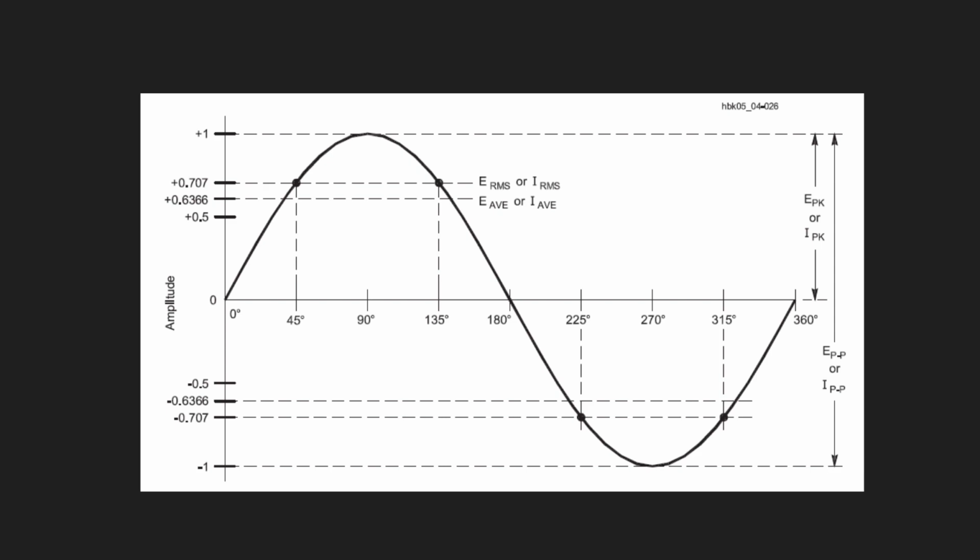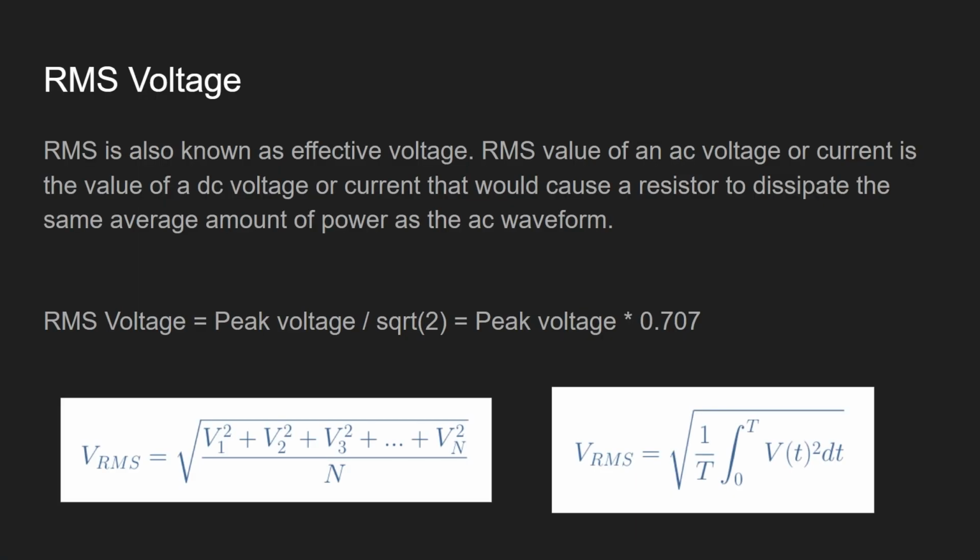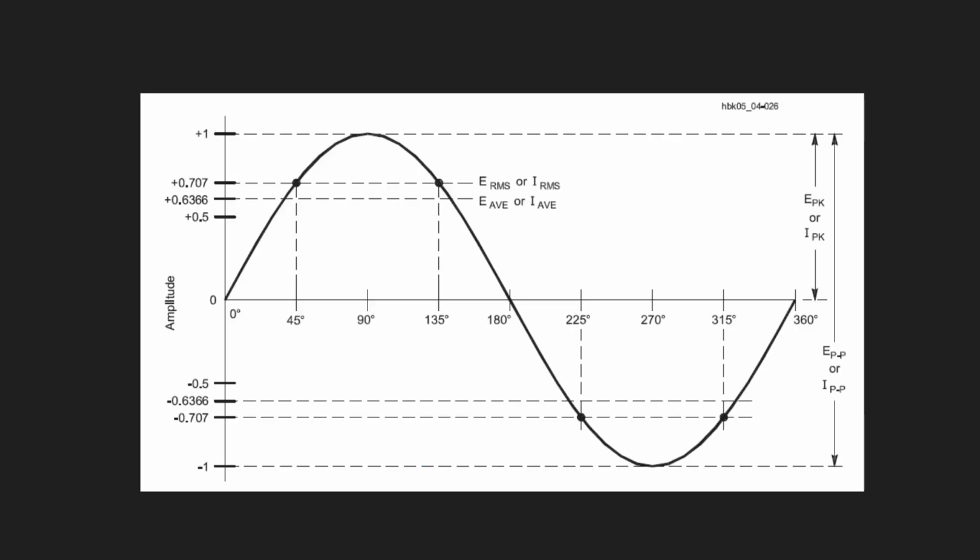So we have to measure the AC. What is the voltage in terms of DC? We want to compare it with DC, so we use the RMS value, root mean square value, to measure it. By definition, we do integration here.